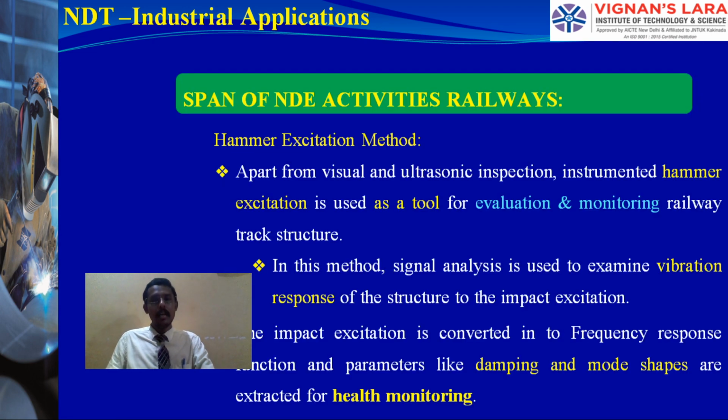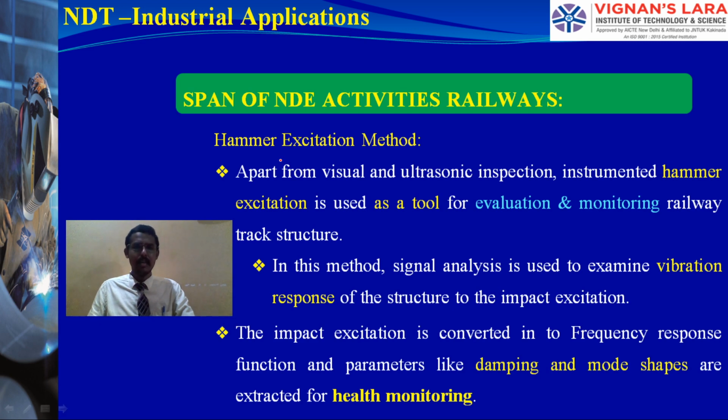One more method available is called the hammer excitation method. We can knock on the tracks and understand through the sound what is coming back. Apart from visual and ultrasonic inspections, instrumented hammer excitation is used as a tool for evaluating and monitoring railway track structures.